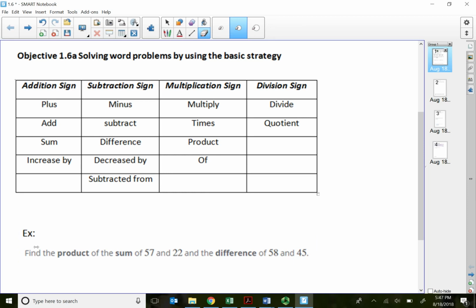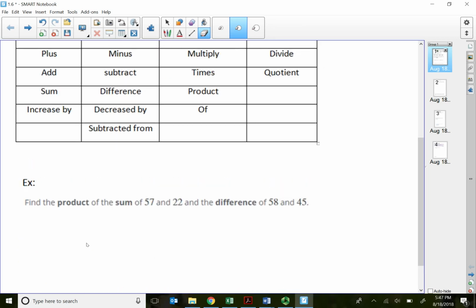So here I have: find the product of the sum of 57 and 22 and the difference of 58 and 45. It's kind of strange what it's trying to say. Find the product. So I need to find the multiplication of the sum of these two numbers. The first word we see is the word product, so I need to multiply.